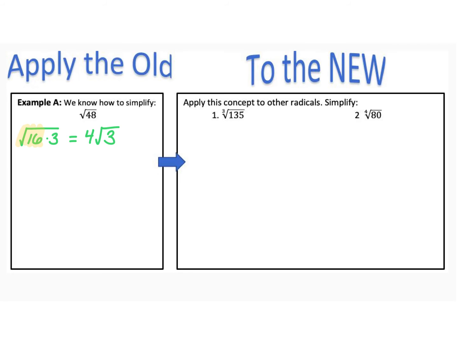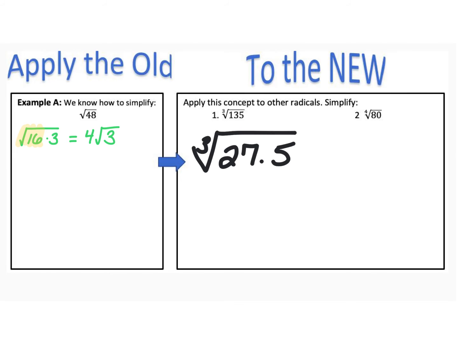And just some tips that I could give you is, think about your divisibility rules. 1 plus 3 is 4 plus 5 is 9. 3 goes into this, so maybe 3 to the third is going to go into here. So 3 to the third is 27. So I'm going to check on my calculator, can I divide 135 by 27? And I can. So I see that 27 times 5 is 135.